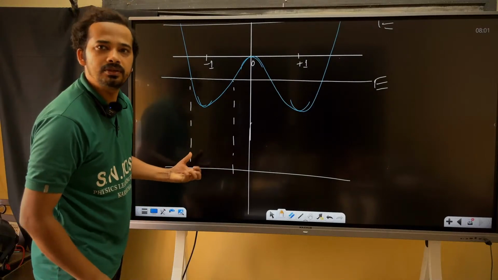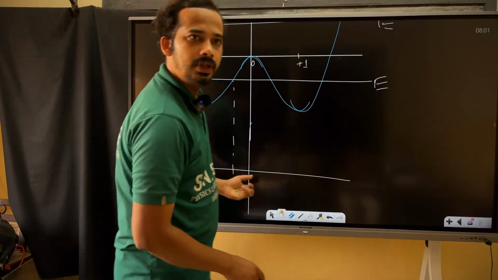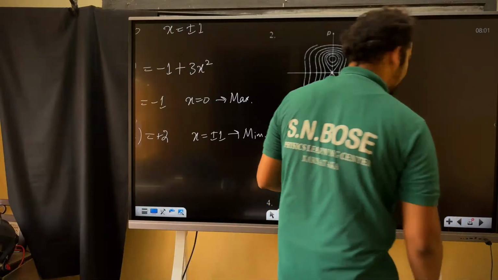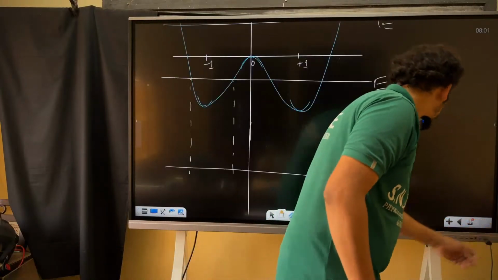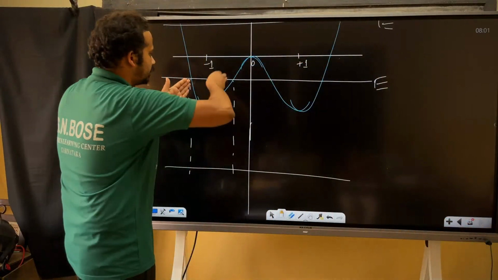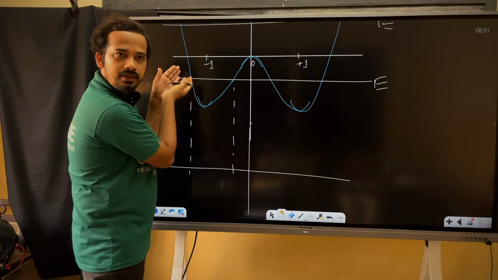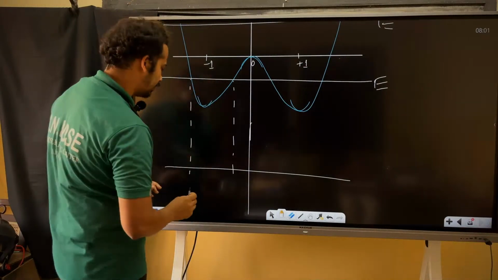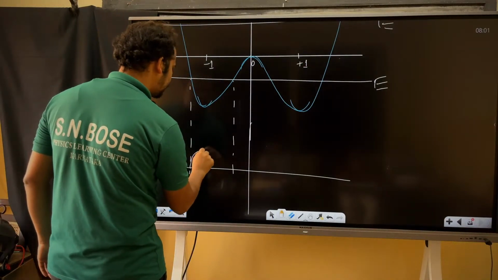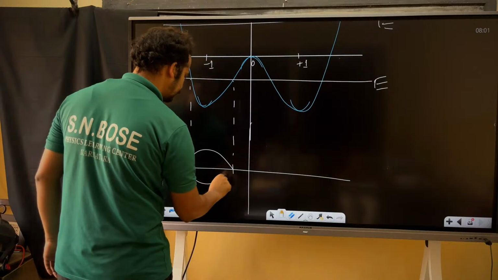How can you expect it to be a perfect ellipse? Here he gave a perfect ellipse, isn't it? You can see here, this potential is not a parabola, am I right? It is quite different. That's why you can expect slight variation from the ellipse like this.